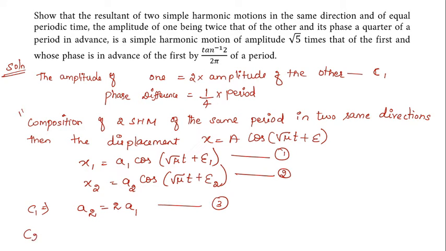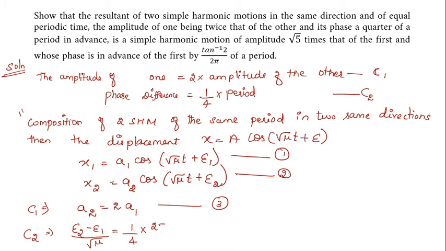And from the second condition, C2, the phase difference is equal to 1 by 4 into the period. We have two phases, epsilon 1 and epsilon 2, so the difference can be written as epsilon 2 minus epsilon 1 divided by root mu, equal to 1 by 4 into the period.